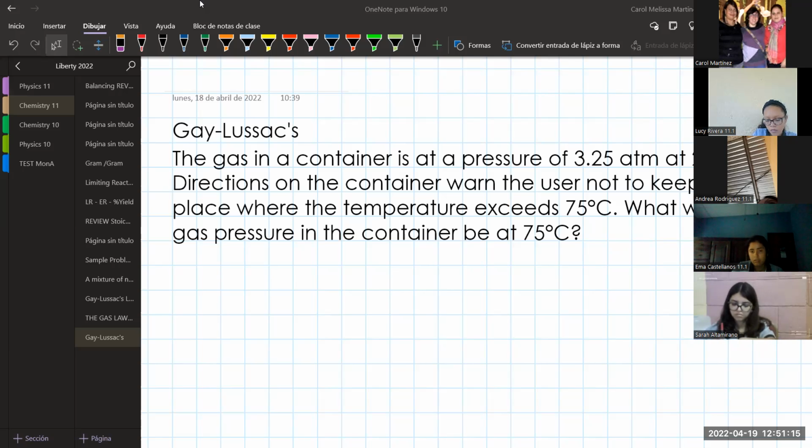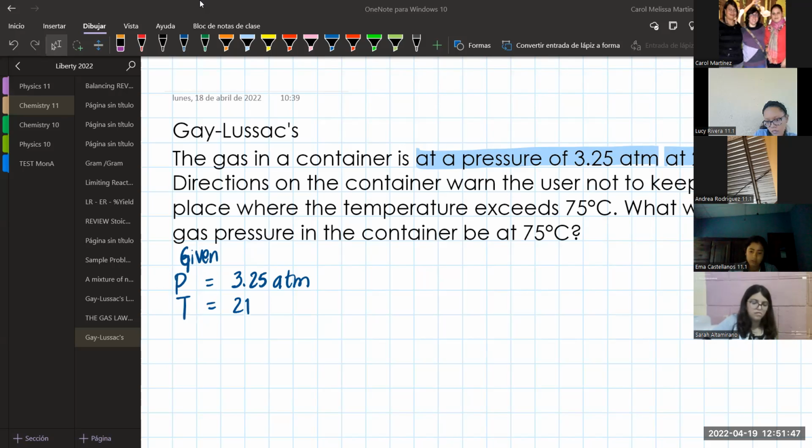It says that this gas is at a pressure of 3.25 atmospheres at 21 degrees Celsius. So they are giving me information about pressure, 3.25 atm, and they're giving me the temperature as 21 Celsius.